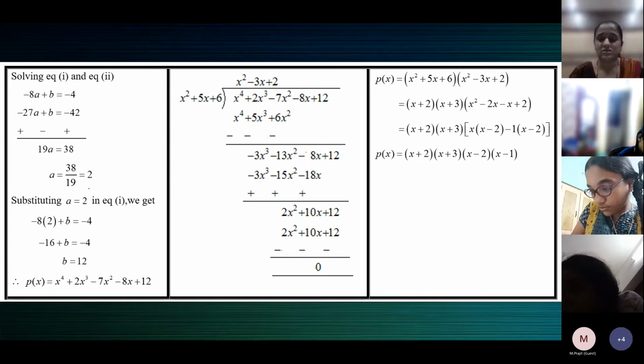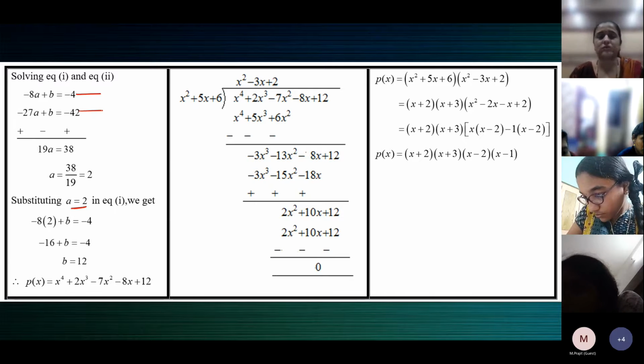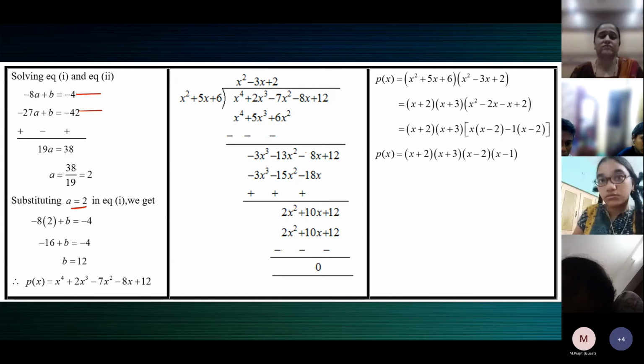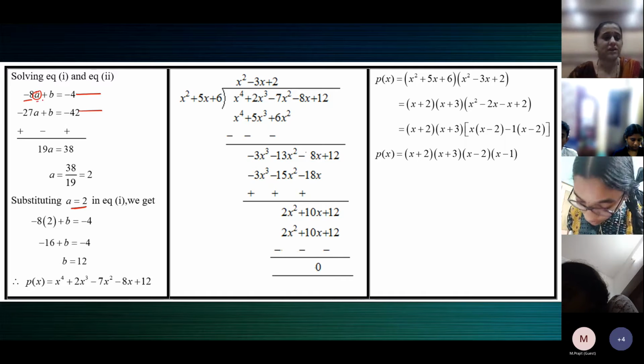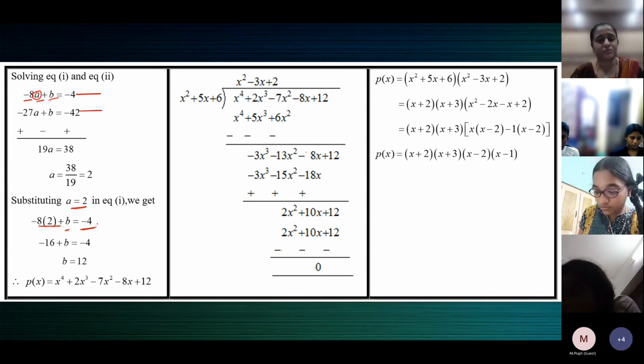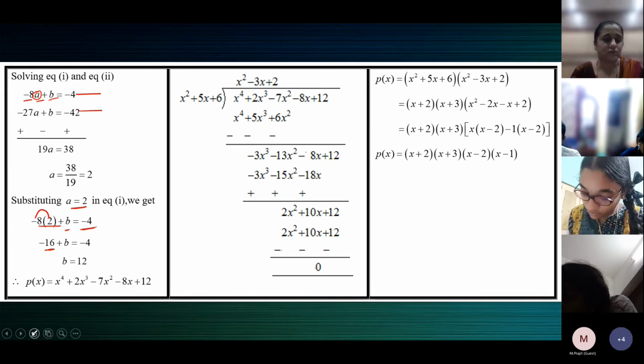Now to get the value of b, substitute a is equal to 2 in any one equation. You can substitute in equation 1 or equation 2. In both equations, you can get only b is 12. You cannot get a different value. In equation 1, in place of a, I've used 2: minus 8 into 2 is minus 16, plus b is equal to minus 4, and b is equal to 12.